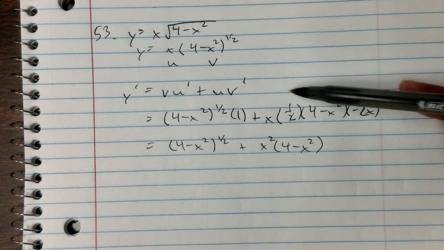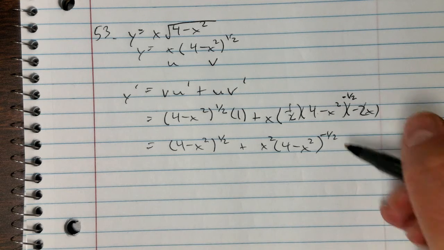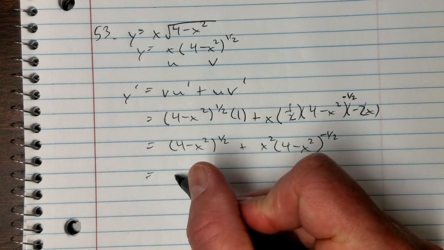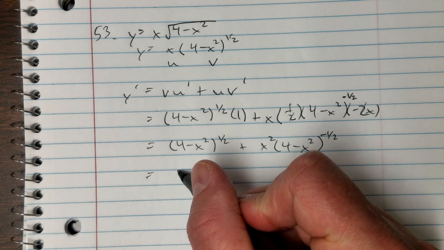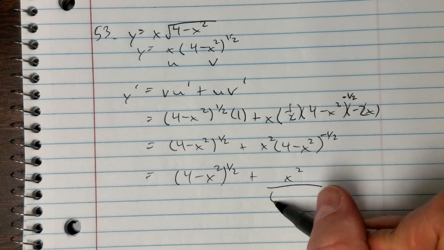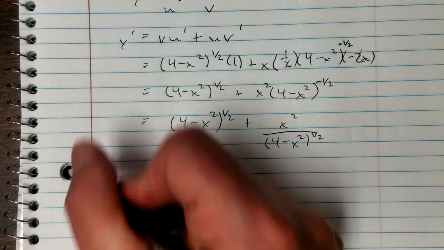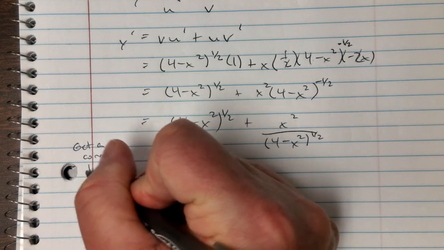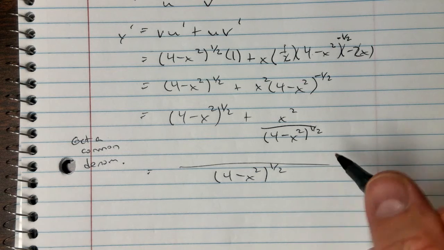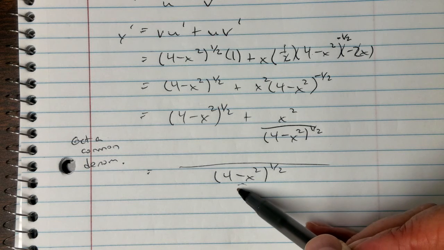So on this one, I brought down my half, I copied this down, but I need to decrease the power. So this would look like that, and now get a common denominator. And so you do that times that, which would just be 4 minus x squared.